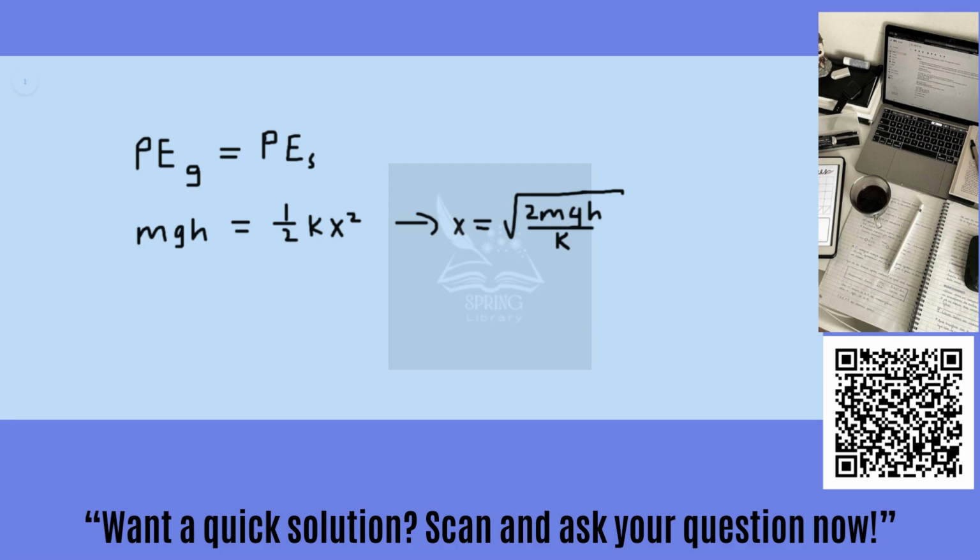But what we want to know, that's x. That's the amount the bungee cord stretches, okay? What we want to know is what is the height, or x prime. So x prime is going to be equal to the original height, h.